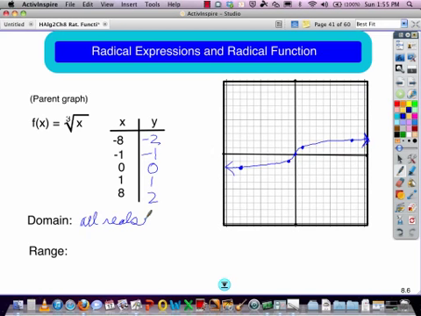Then the range, up and down. Look at it. Some of you would like to say, you know, it only goes so high or so low, but right now we've only graphed a very small set of numbers. So I think in this case, again, we're going to have to say all reals. Up and down, we have fractions, we have whole numbers, we have decimals graphed. And even if we get bigger numbers involved, I think we're still going to have that.